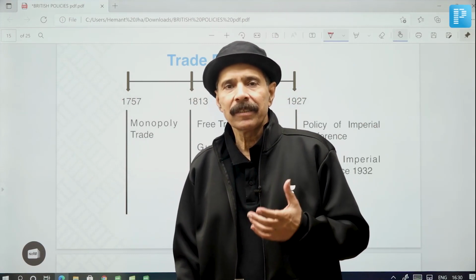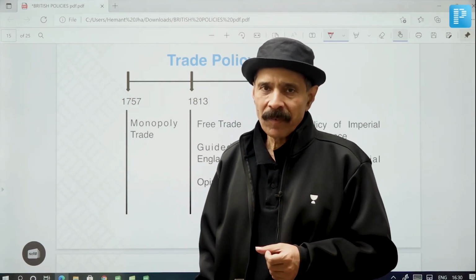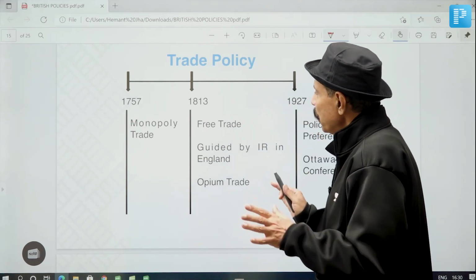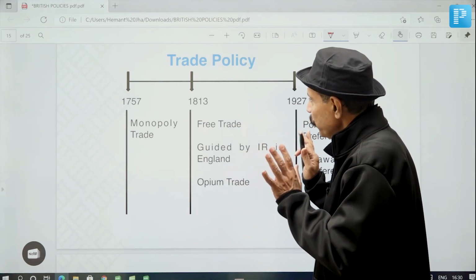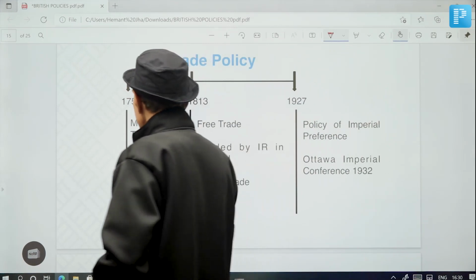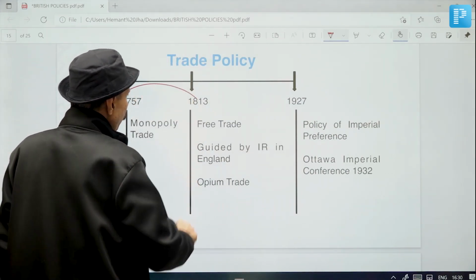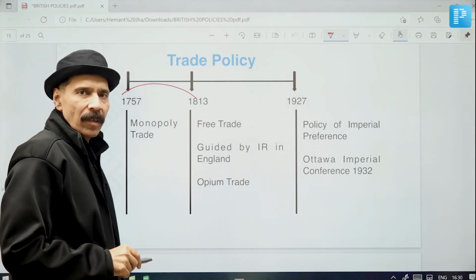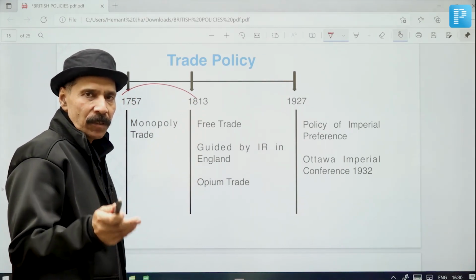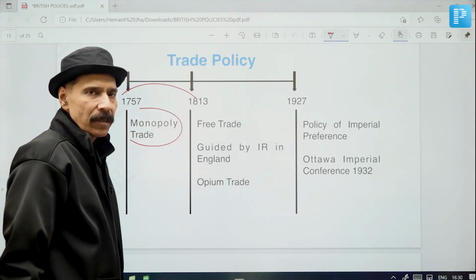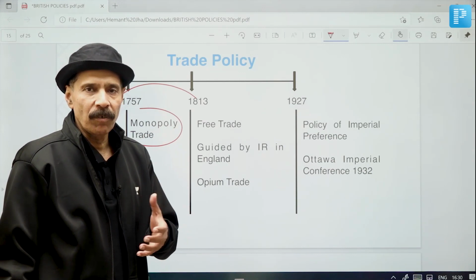Next aspect is the British trade policy. And under this aspect, you're supposed to know only 3 things. 1, that during the period 1757 to 1813, the trade policy or the British trade policy was marked by monopoly trade because the English company had monopoly rights over trade.